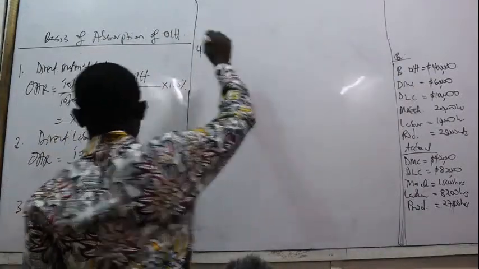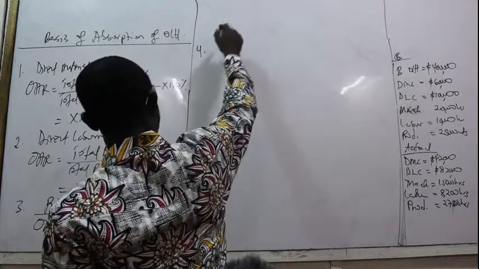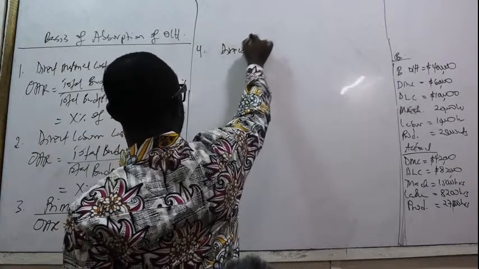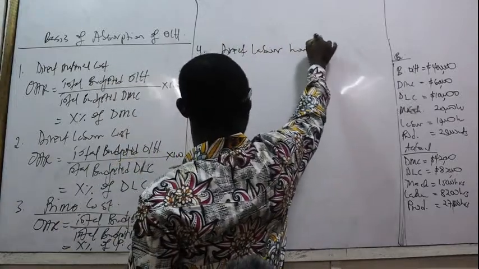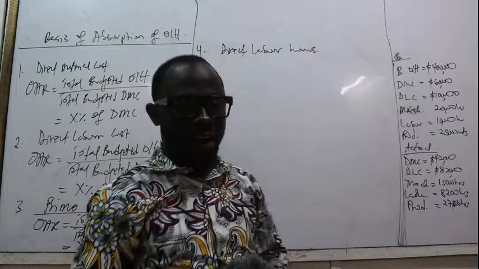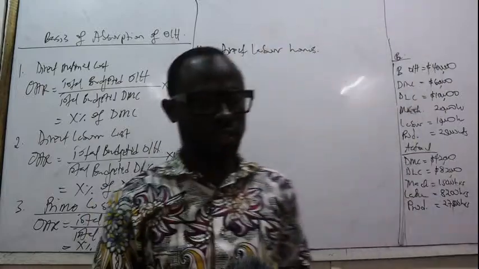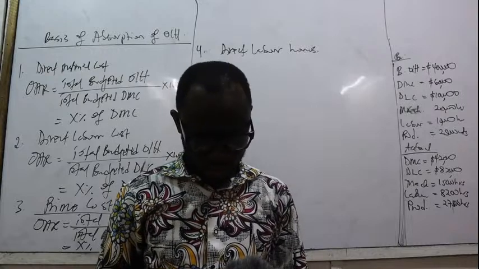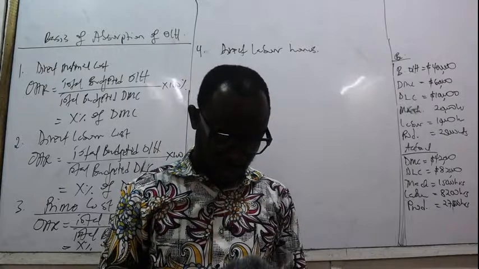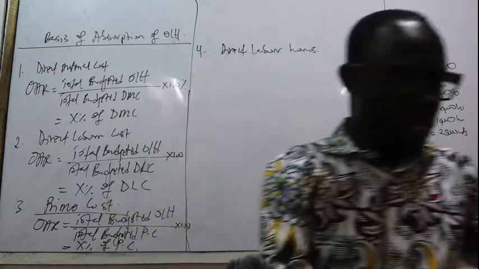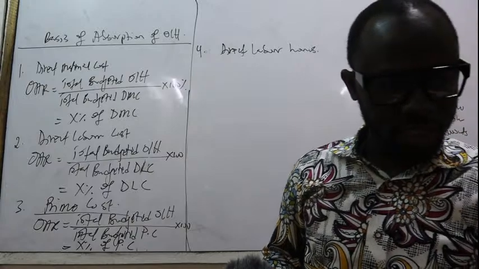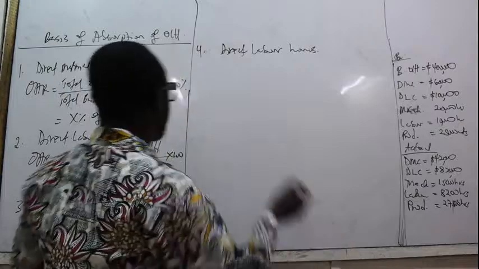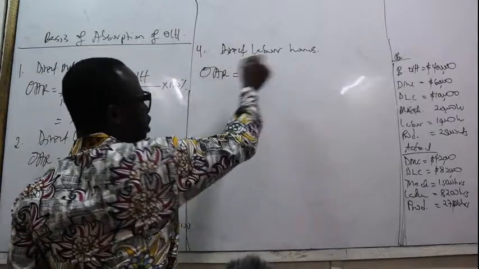So number 4 is absorbing the overheads using direct labor hours. Patience said many thanks, sir. You're welcome. So if we are using direct labor hours, the overhead absorption rate will be equal to what?